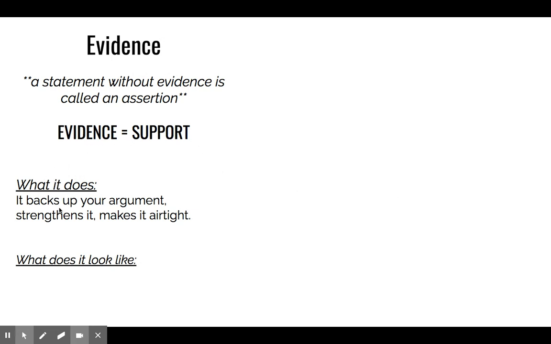It backs up your argument, it strengthens it, it makes it airtight, and especially if you're trying to be more on the persuasive side, it's going to be kind of the tipping scale that will convince people to agree with you or buy your product or whatever it is that you're trying to do. So, in essence, if you were to sum it up in one word, evidence is simply support. So what does it look like if we know how to define it?